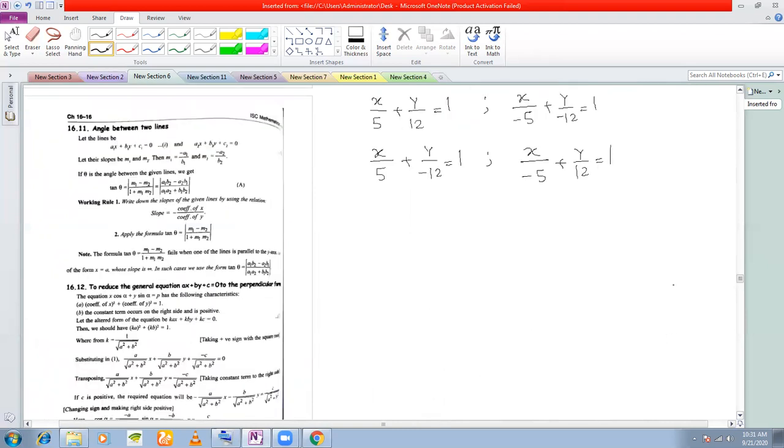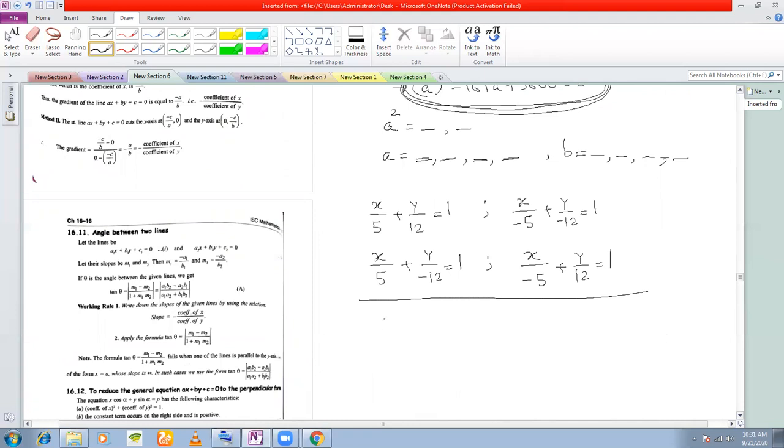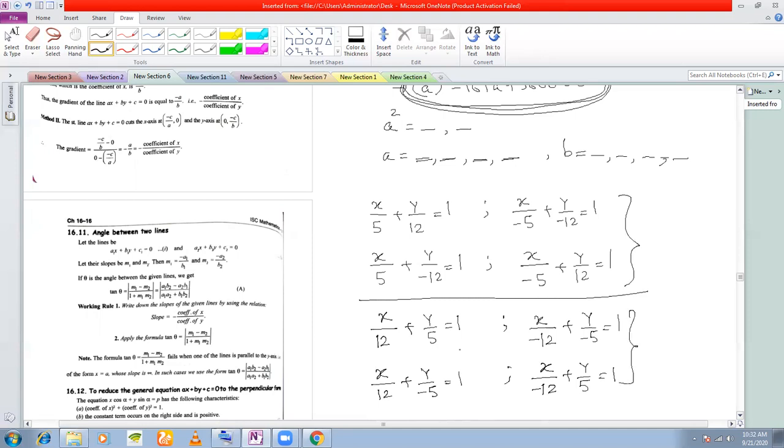So the other set of equations that you will get here is x by 12 plus y by 5 is equal to 1, or x by -12 plus y by -5 is equal to 1, or x by 12 plus y by -5 is equal to 1, or x by -12 plus y by 5 is equal to 1. So both are quite possible here. Understood? Any combination you can take of A and B. Is that clear?